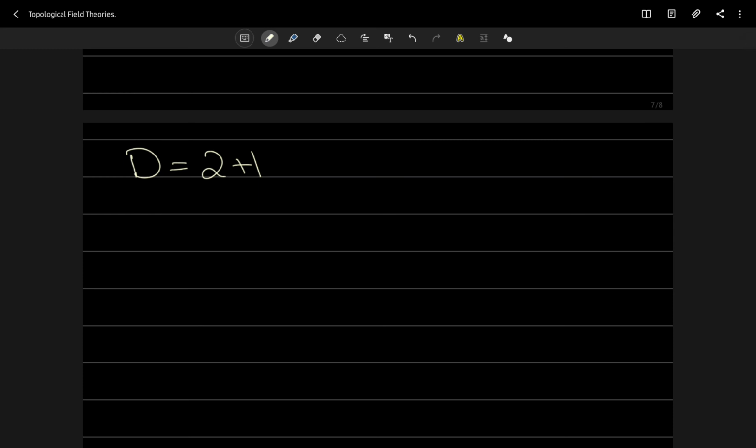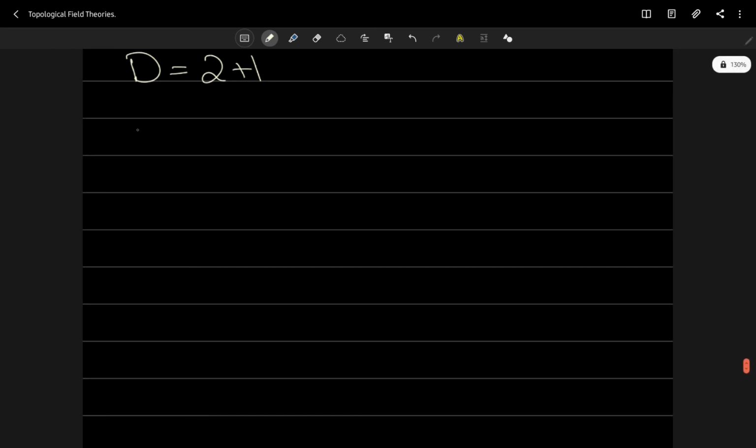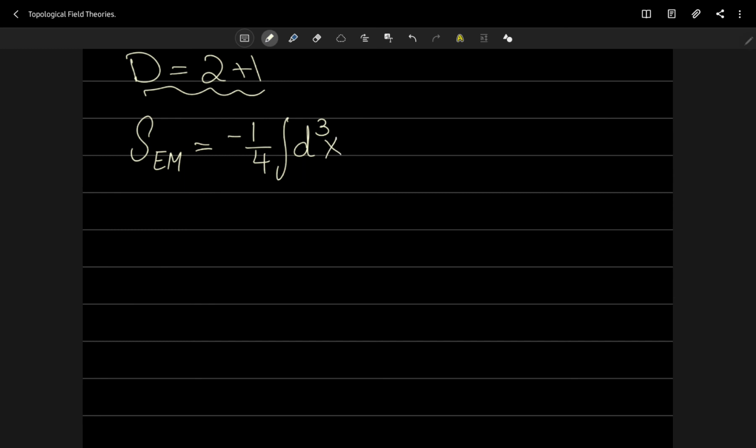First of all, the action in this case, 2 plus 1 dimensions, is negative 1 over 4 integral of d3x now times the square root of minus g, g lambda mu, g beta nu, f lambda beta f mu nu.